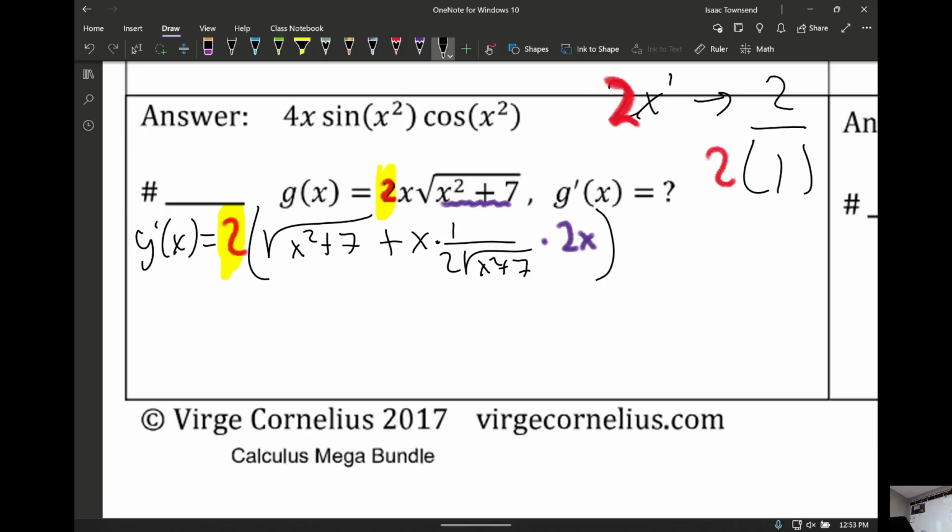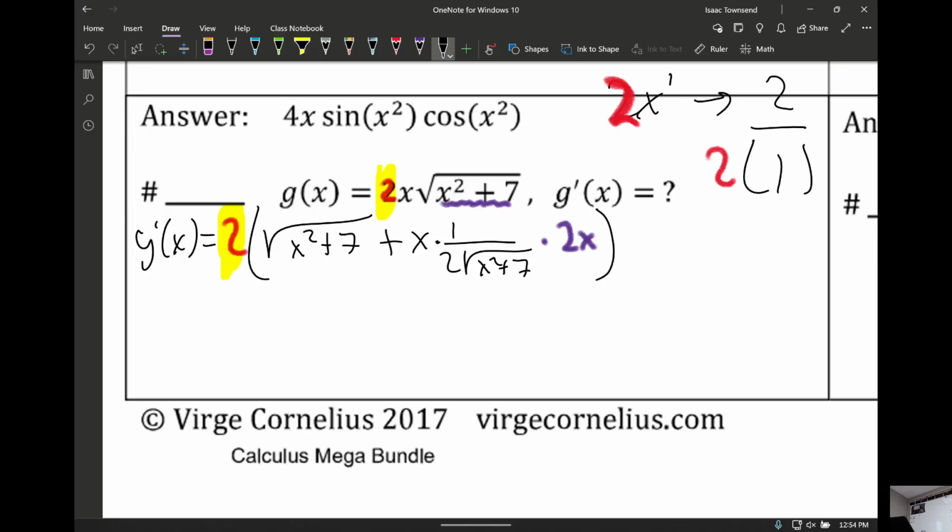Man, this class knows how to make me feel dumb. X squared times x squared. The inside function originally is sine x squared. Its derivative is cosine x squared. So that's the first thing.